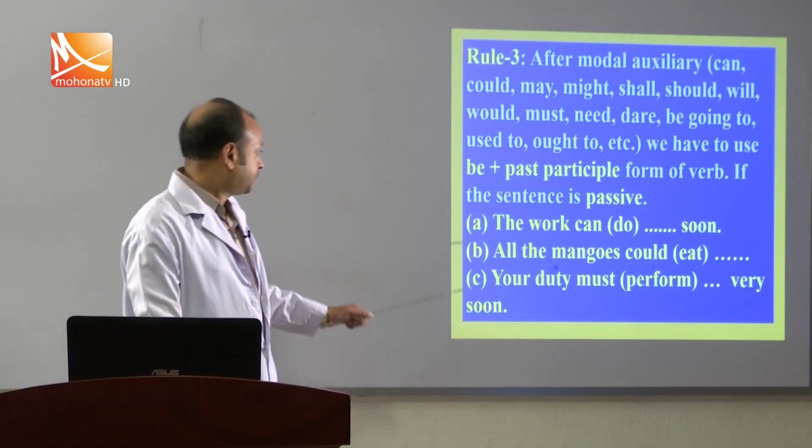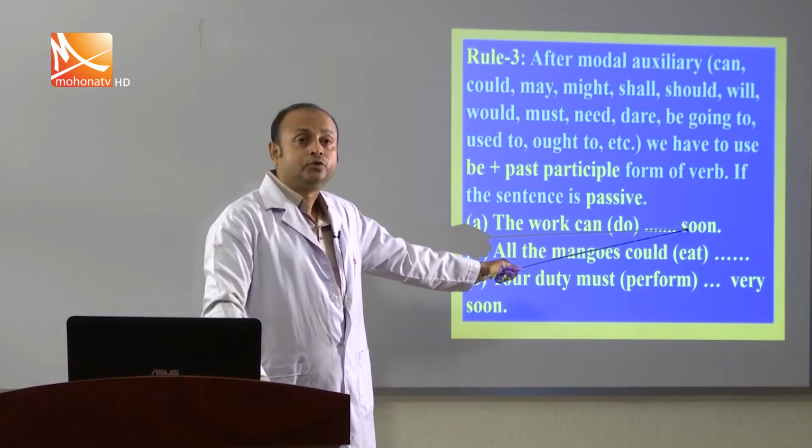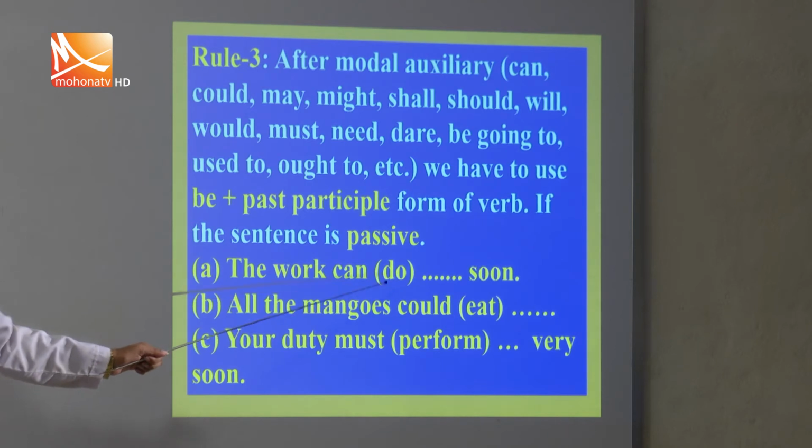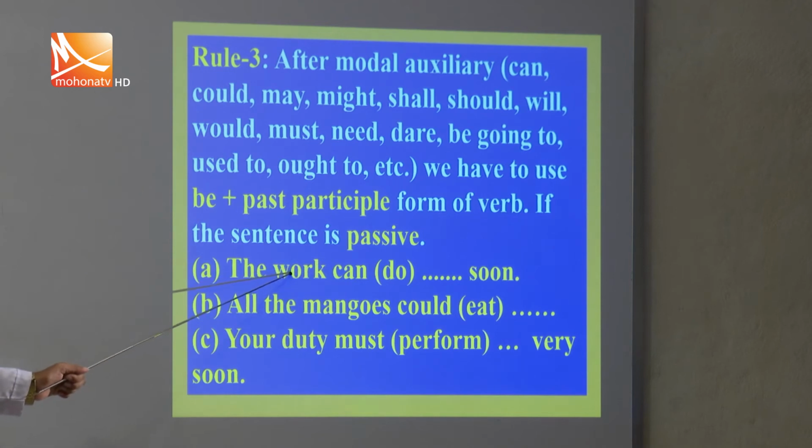So, let us see: the work can do soon. So, do is a main verb here, and the subject we found here is the work, but the work, this noun phrase, cannot perform the verb directly, because this is not an agent.